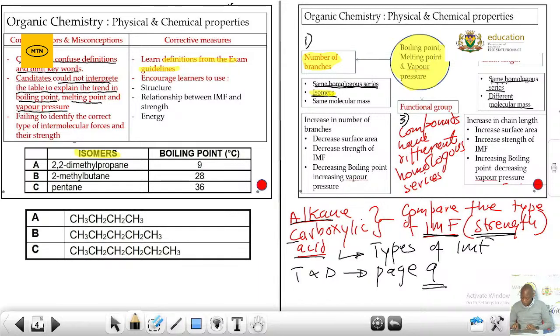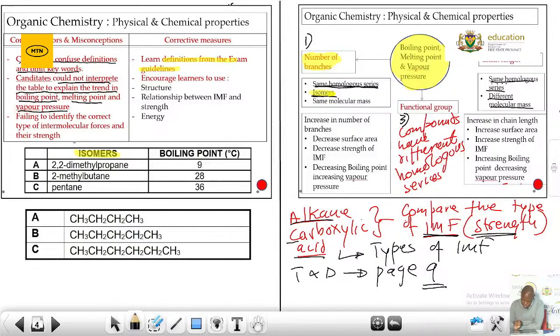This is because a question will come where you need now to compare different compounds that belong to different homologous series. So let me quickly go back to explain now one last bullet.